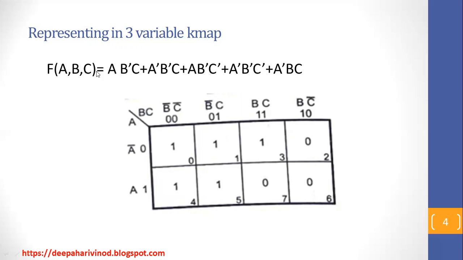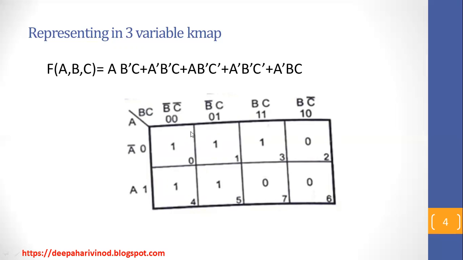By looking over here, we can understand that it has 3 literals. So when it has 3 literals, how many cells will it have? The number of cells is 2 raised to 3, so it will have 8 cells in case of a 3 variable K-map.